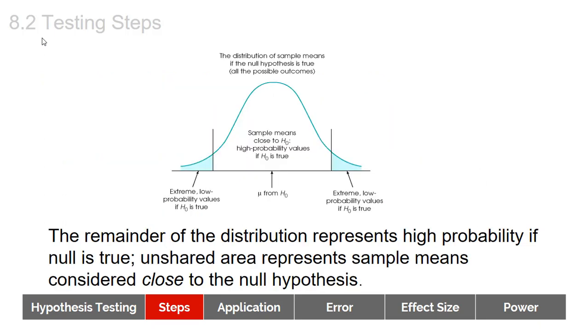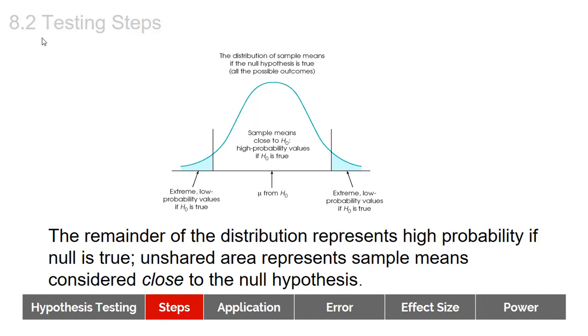So this is an illustration that shows the distribution of sample means if the null hypothesis is true. Remember, this is that DSM that we talked about, all the possible sample means that could come from a population. What I've done here is shade in what I'm going to call extreme low probability values if the null hypothesis is true.